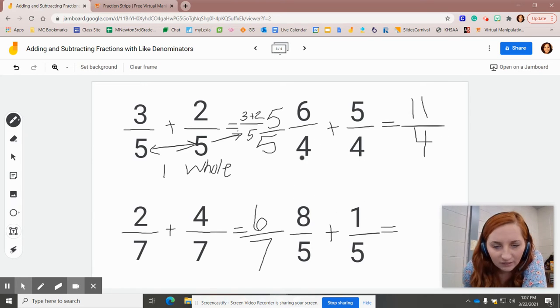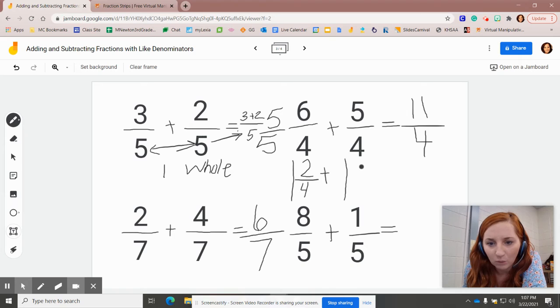We can also convert these to mixed numbers. 6/4 actually equals 1 and 2/4, because 4 goes into 6 one time and there's 2 left over. 5/4 is 1 and 1/4, because 4 goes into 5 one time and there's 1 left over. You add them together, you'd have 2 wholes because 1 plus 1 is 2, and 3/4.